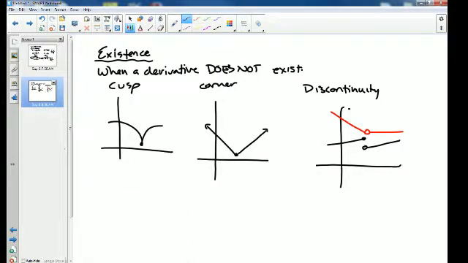Okay, so these are three situations I taught you last year to recognize. You better recognize them, right? The derivative doesn't exist. What function is that attached to? Something like this.